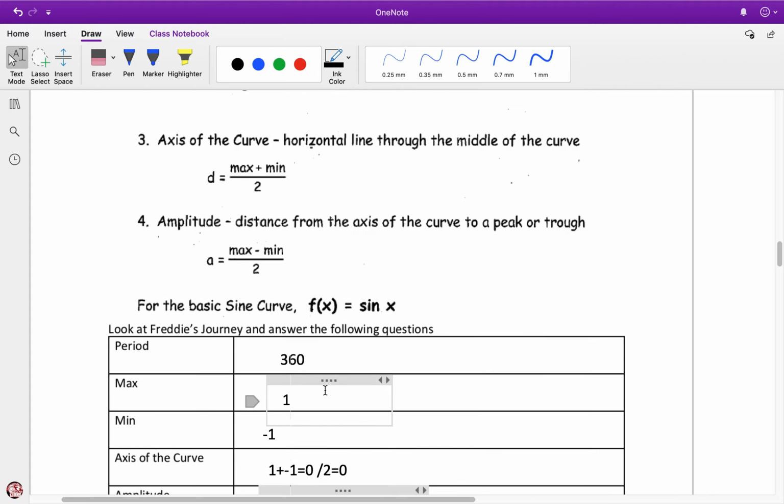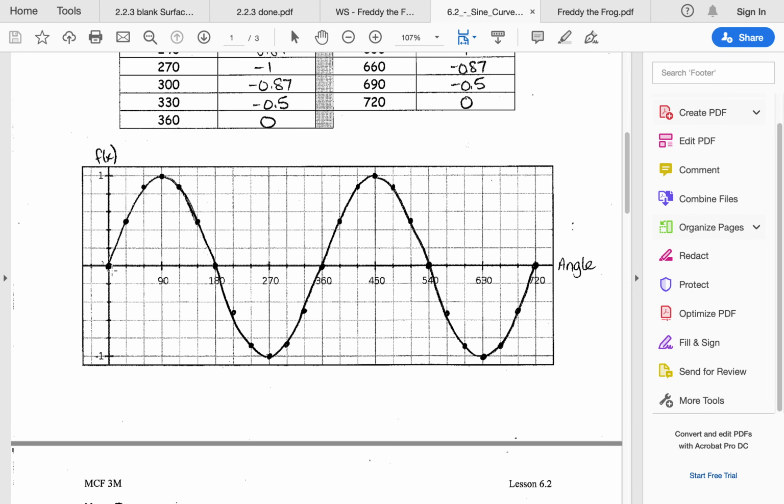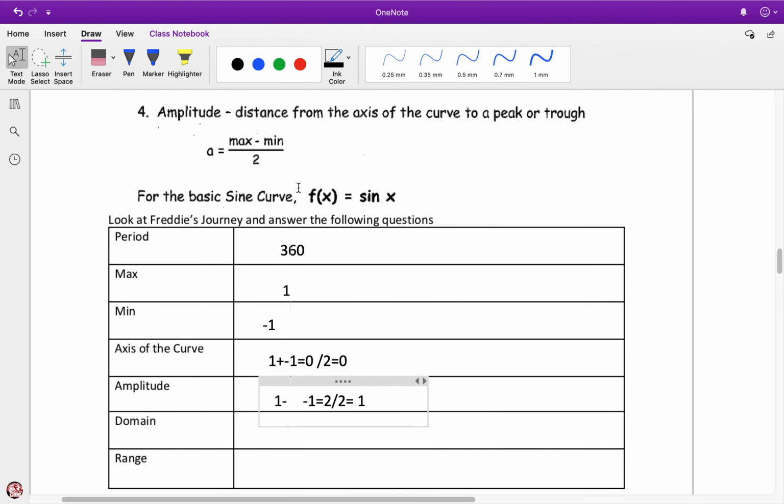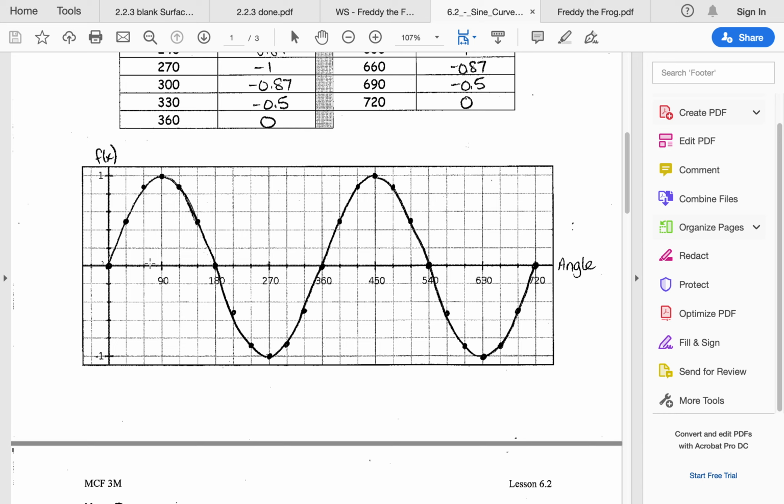So my amplitude is 1, which makes sense here because from the middle it goes up 1, then down 1, up 1, down 1. But there's the formula for it right there on your page. If you ever slice your graph in half and have a middle that goes up the same amount as it goes down, you're good to go.